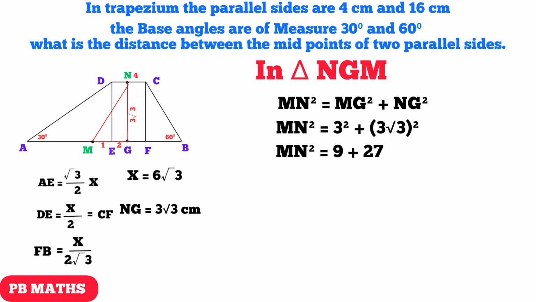So MN square is 36 centimeter. Then MN equals square root of 36, which is 6 centimeter. So the total length of MN is 6 centimeter. That is the distance between the midpoints of those two parallel sides.